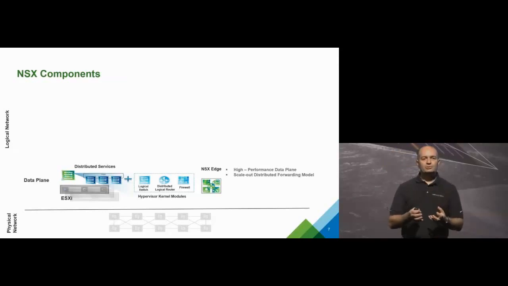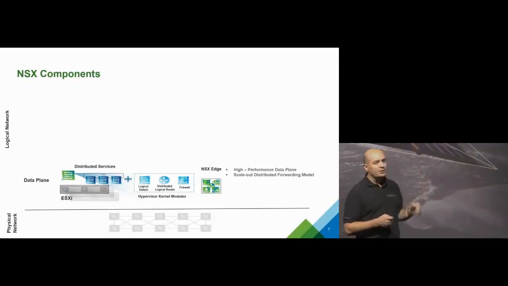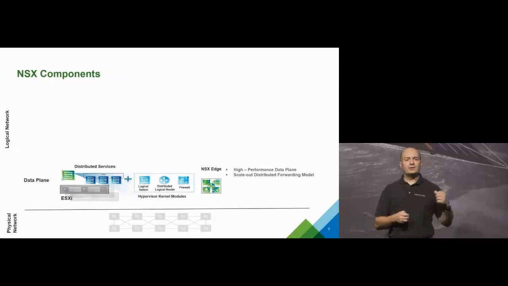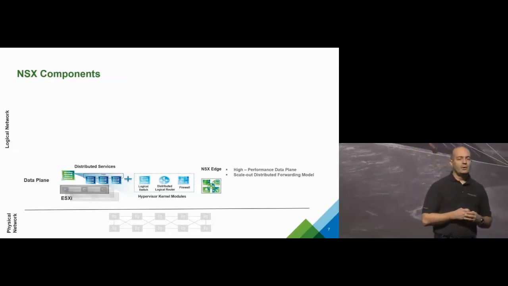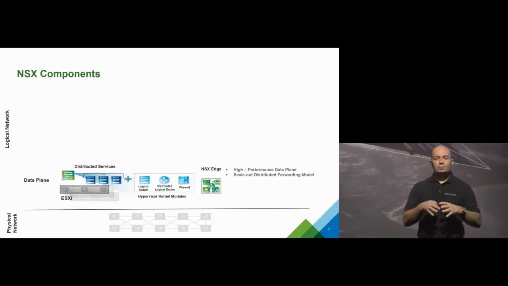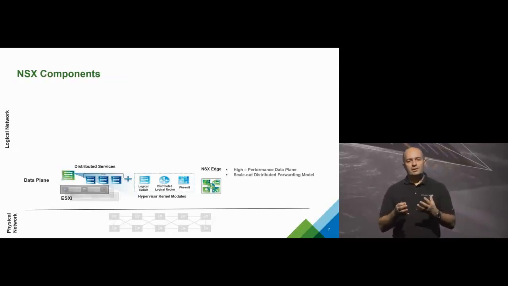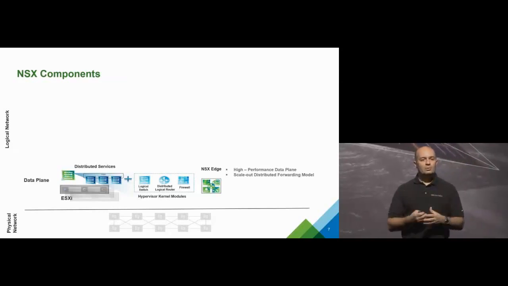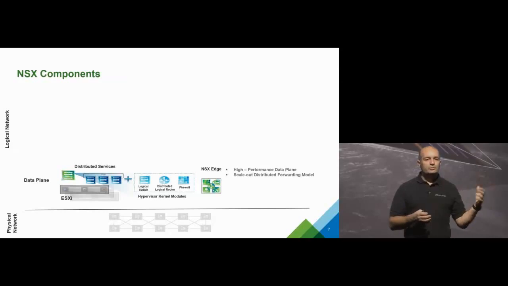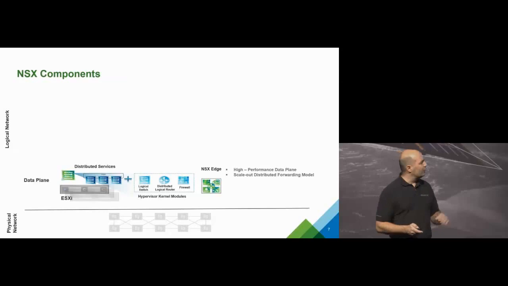Those are kernel modules that we push to your hypervisor, and we're capable of doing the distributed functionality like switching, routing, and firewall directly in the kernel of your hypervisor. We also have an edge, which is basically a virtual machine that is capable of providing higher level functionality, also firewalling, VPN, load balancing, etc. This is a VM form factor. This is our data plane, meaning that those are the components that are really forwarding packets in the system.